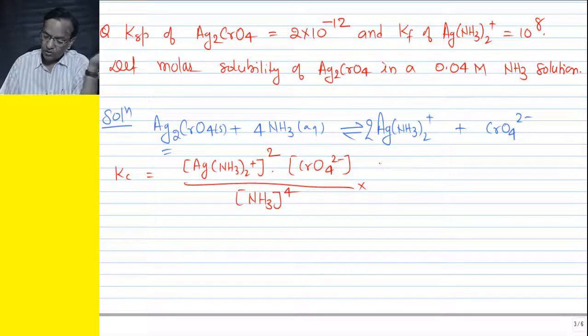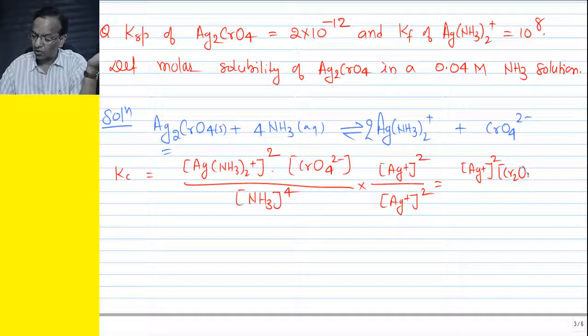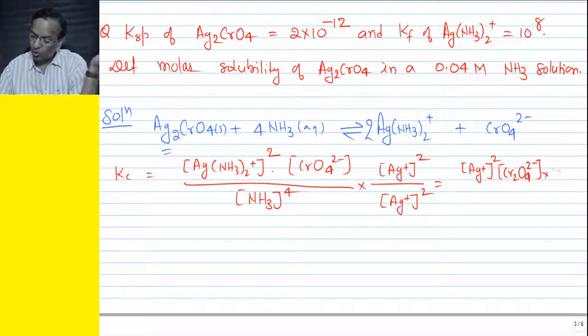Now let us multiply it by the square of the concentration of silver ion and divide by the same.